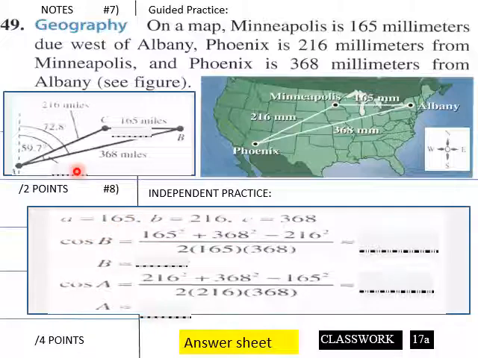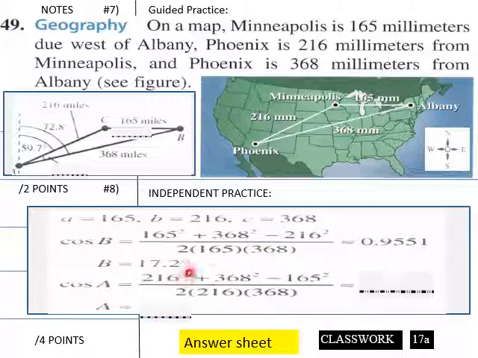a equals 165, b equals 216, and c equals 368. So cosine B would equal 165 squared plus 368 squared minus 216 squared over 2 times 165 times 368. And then we get this number here.